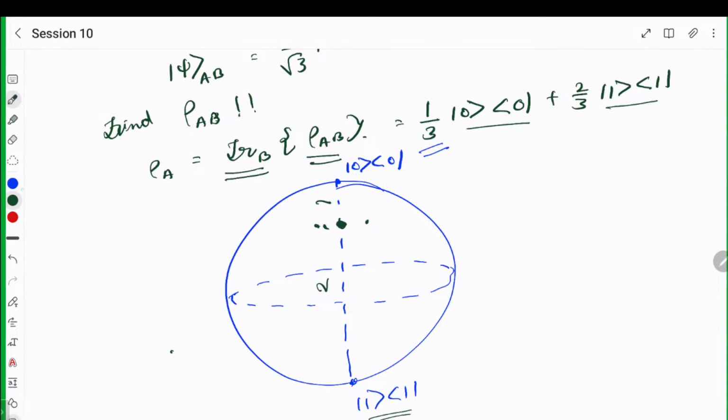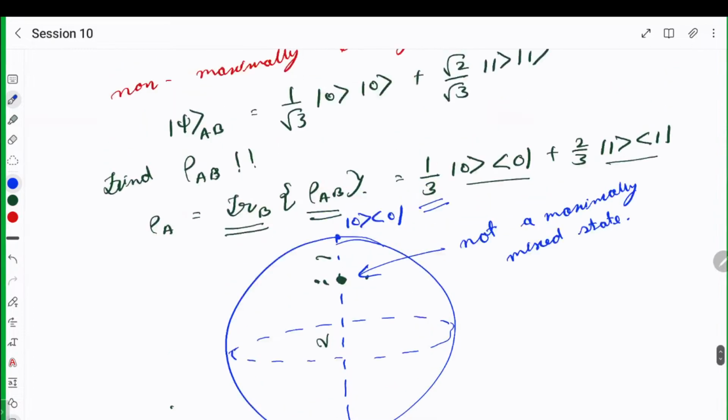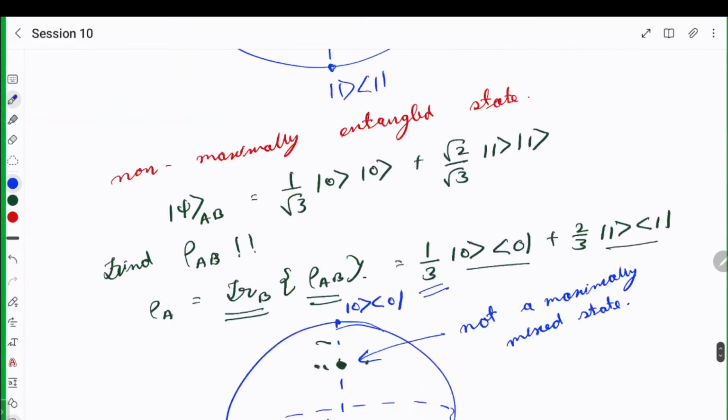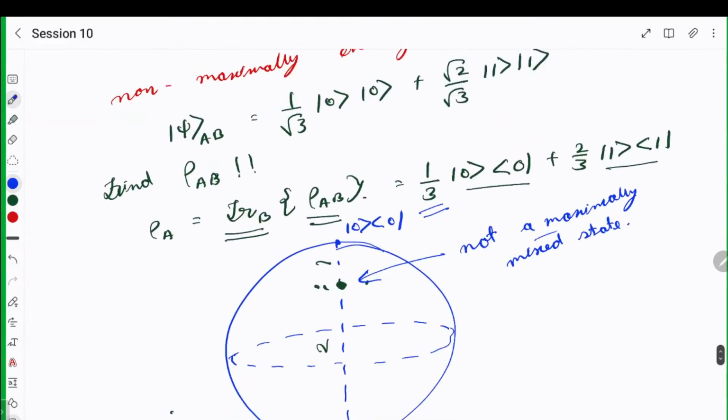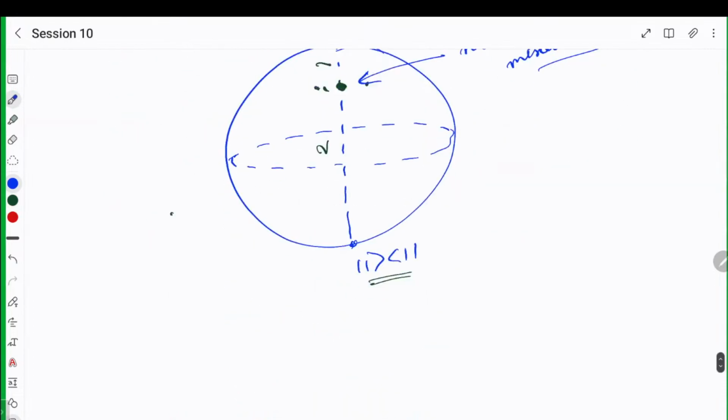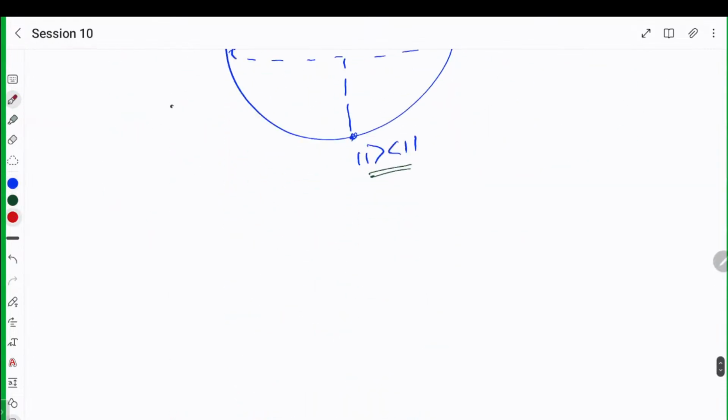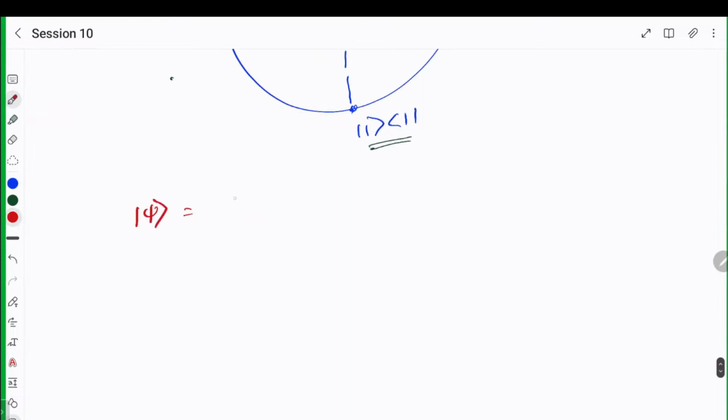As you can see, this is not a maximally mixed state. So if you start with a non-maximally entangled state, you would end up with a non-maximally mixed state. And of course, if you have a separable state, what will happen? That is very trivial. Let's say (|00> plus |01>) by root 2.